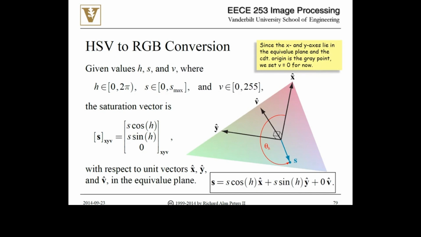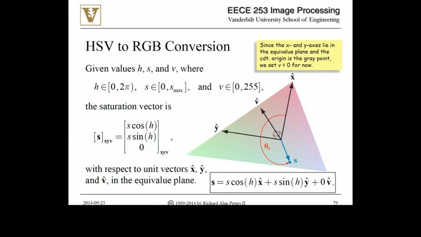Now think of the X, Y, V coordinate system. In that coordinate system, the triangle is the floor. So the triangle lives in the XY plane. This vector S in that coordinate system is simply S times cosine of H, S times sine of H, and 0.